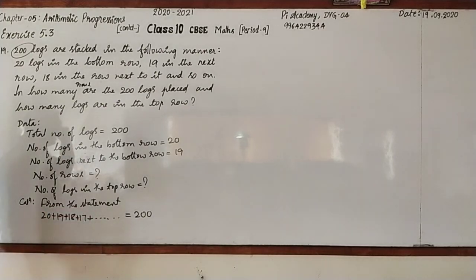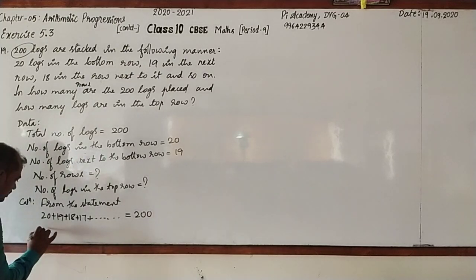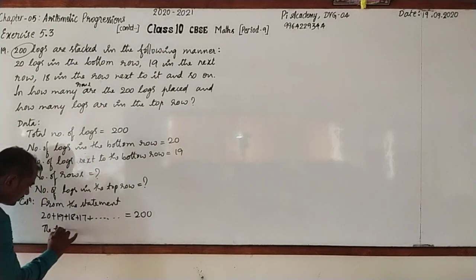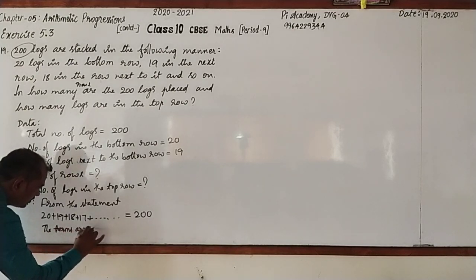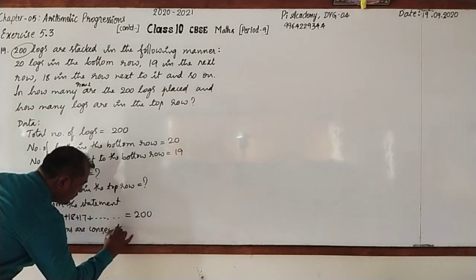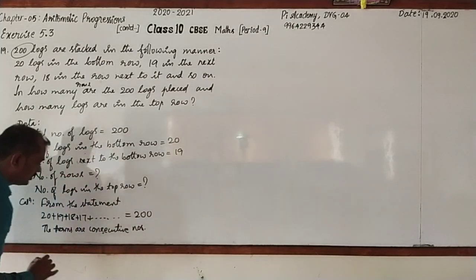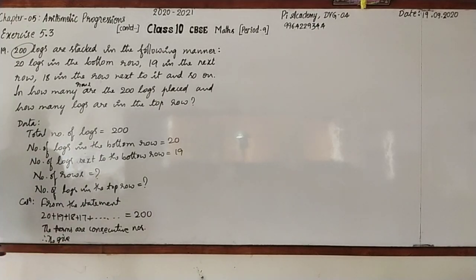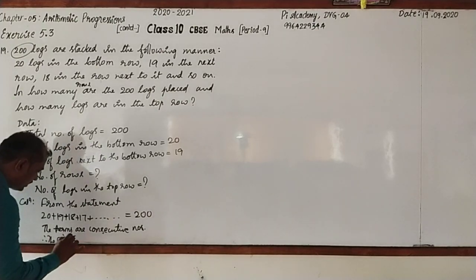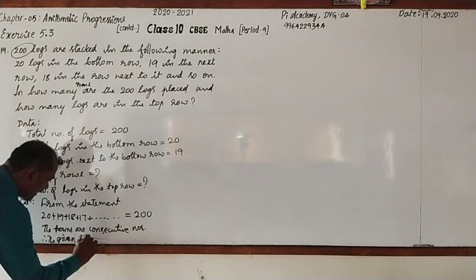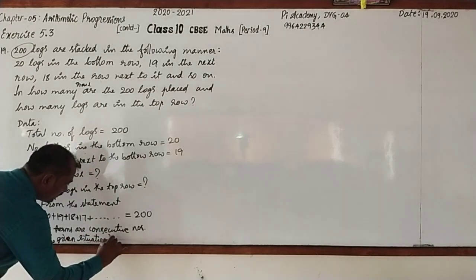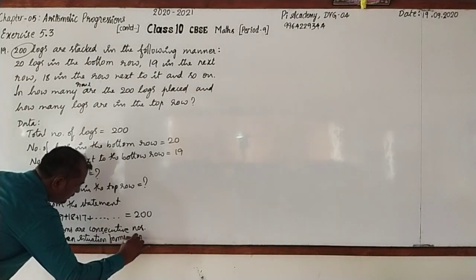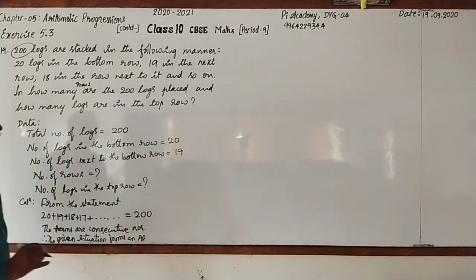Now it forms an AP because these are consecutive numbers. Therefore, the given situation, you need not go for finding the common difference. Directly we can write the given situation forms an AP. Clear? Okay.